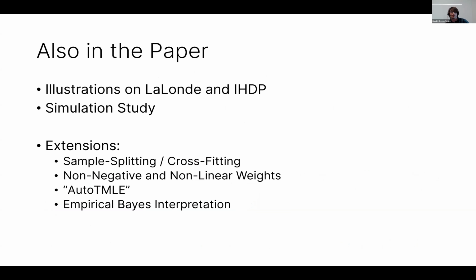So there's lots of other stuff in the paper. We have illustrations on LaLonde and IHDP and a simulation study. And there have been many useful extensions to these basic results. So we considered what happens when you use sample splitting or cross-fitting. This shrinking towards OLS is all sort of an in-sample phenomenon, so there's a question of what happens when you use cross-fitting.